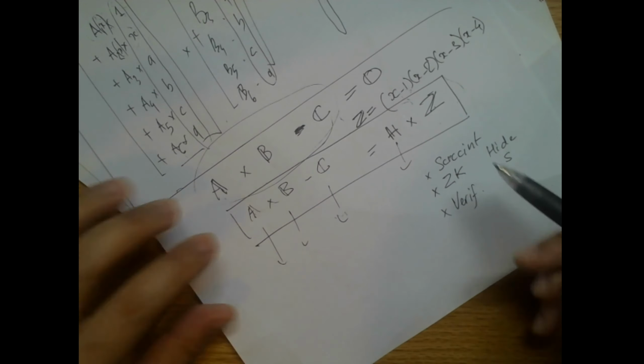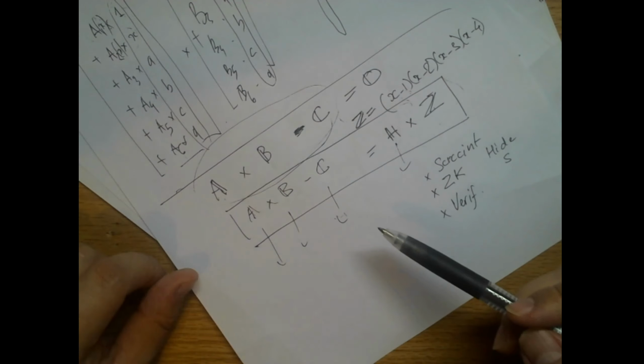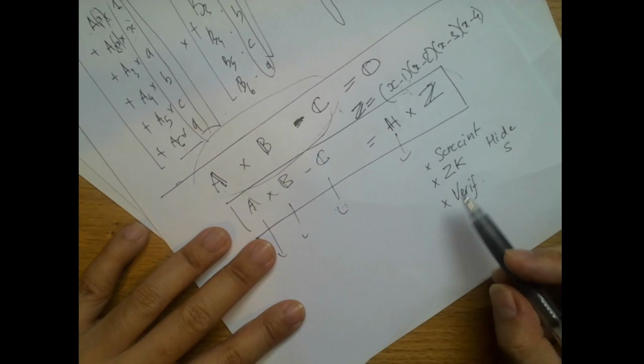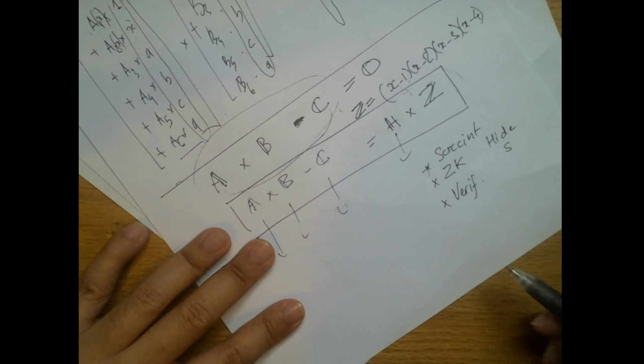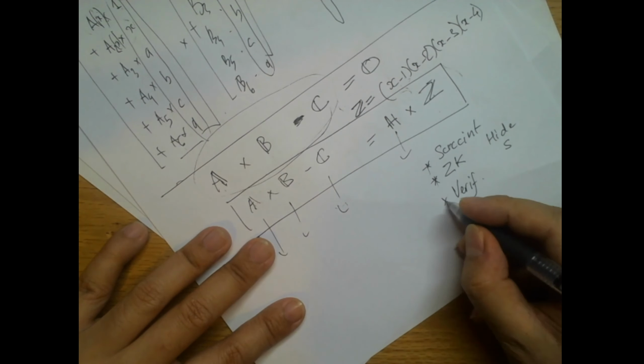You're not making it up, and they are really combinations of A1 to A6, B1 to B6, and C1 to C6. So that's the second part of the problem. Give something that is succinct, give something that is zero knowledge, and give something that is verifiable.